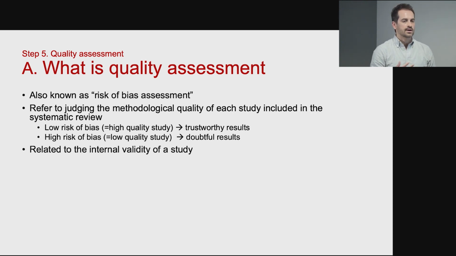If there is a high risk of bias, you are a little bit more doubtful about the association they present. And you take this information into account when you present your systematic review. You can say two studies found this association, yes, but one was of bad quality, so maybe the first is the most trustworthy.